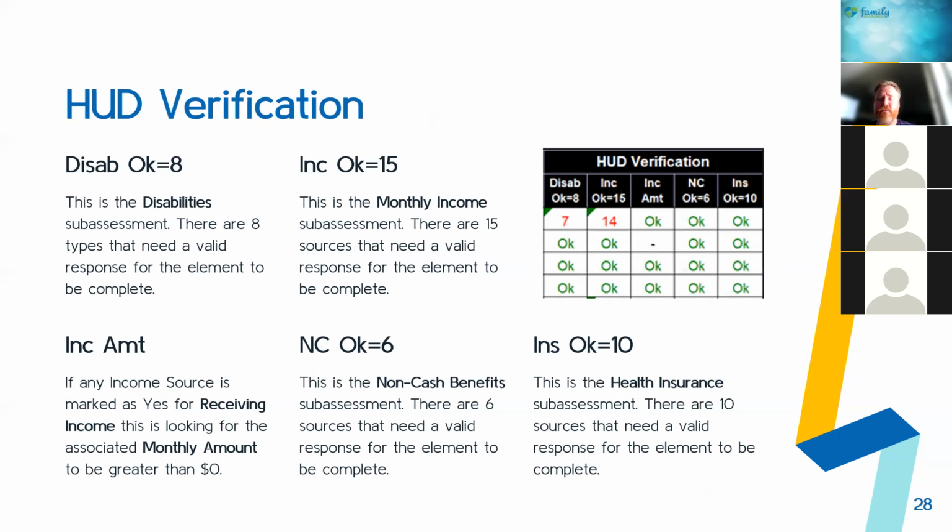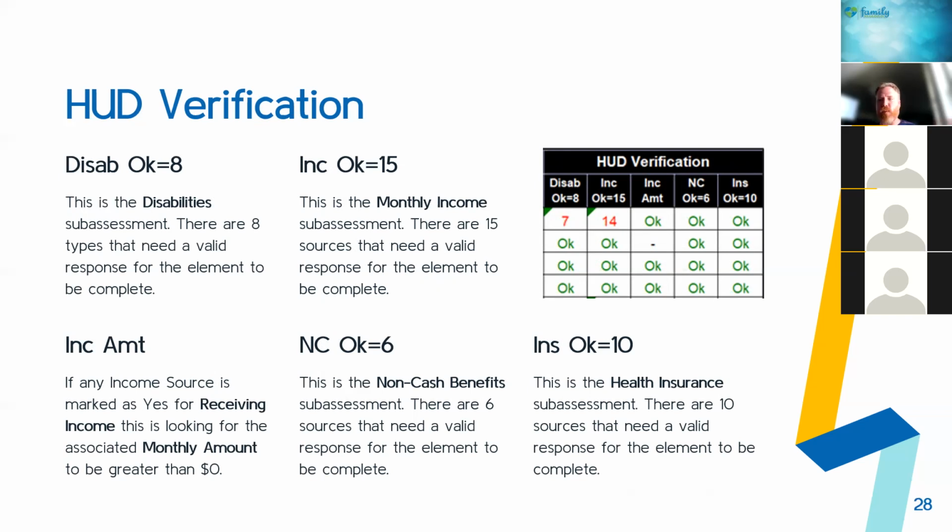HUD verifications are the first time we see something that's actually different from making sure it's not data not collected or left blank, and where it's not just okay or null in the report. With this one, you're going to generally see numbers, and what that means is the number is how many of those responses that are expected are actually complete.